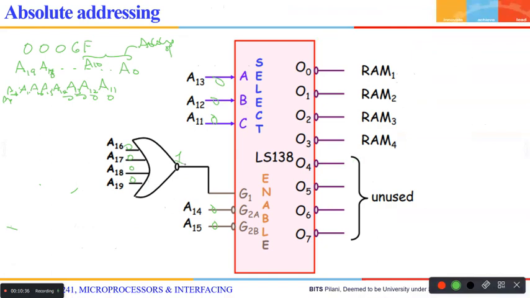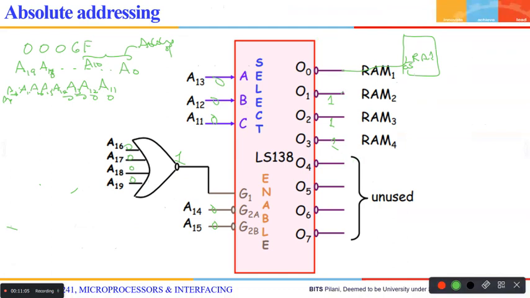What will come here is 1. So this particular decoder logic is enabled. Now, because of 0, 0, 0 here, which particular output will go low? RAM 1 will go 0. So all the others will be 1, 1, 1, 1. This one is directly connected to RAM 1 chip select bar.